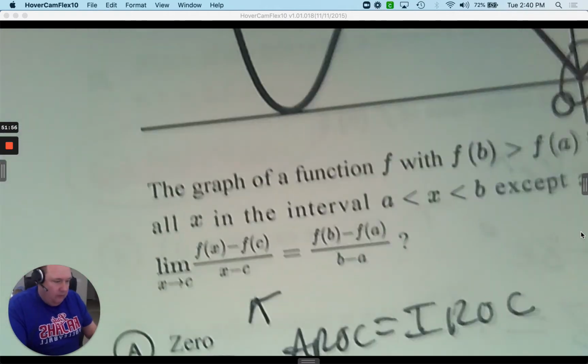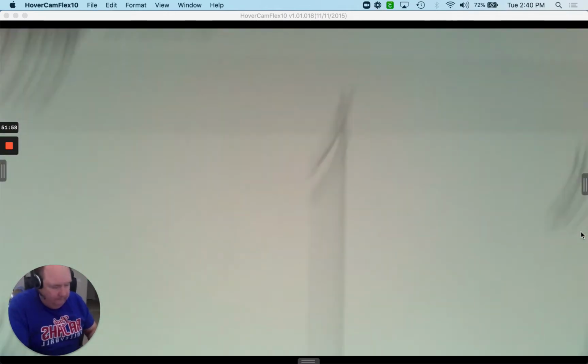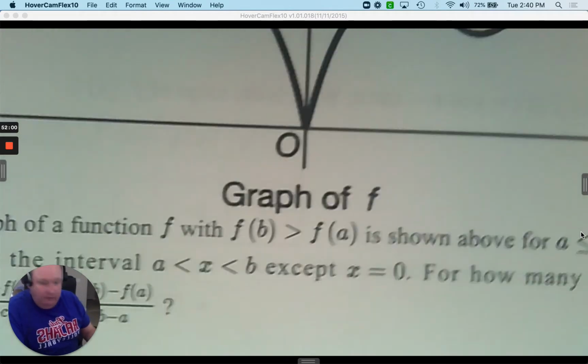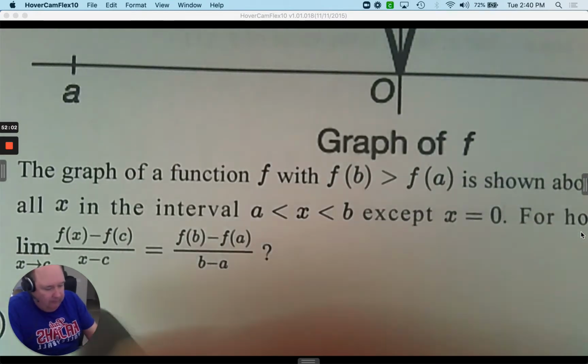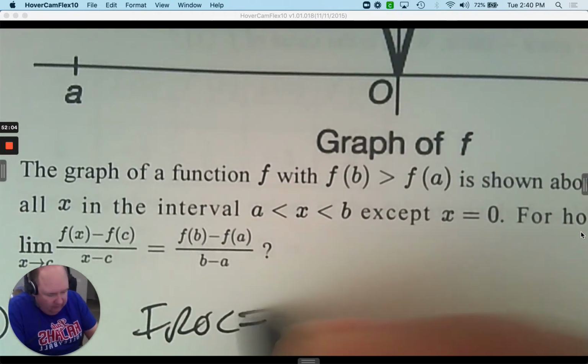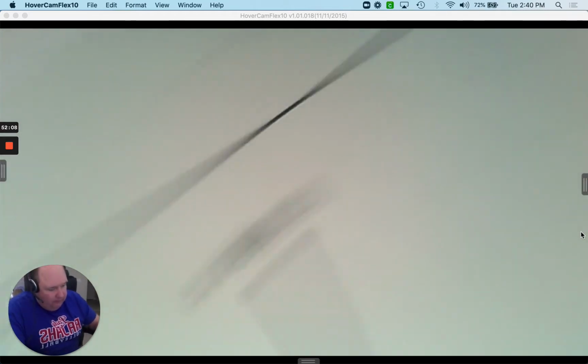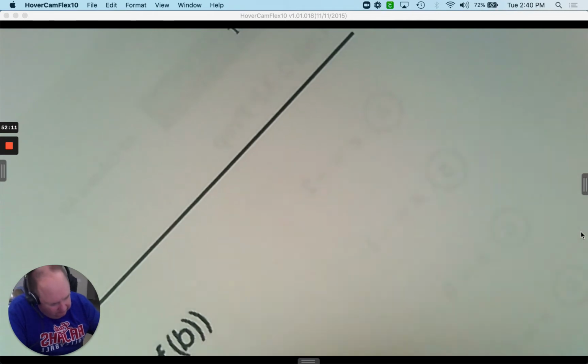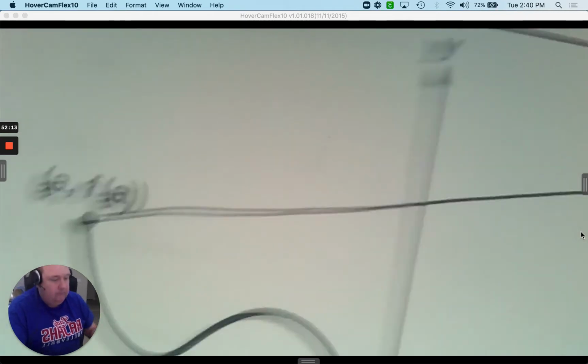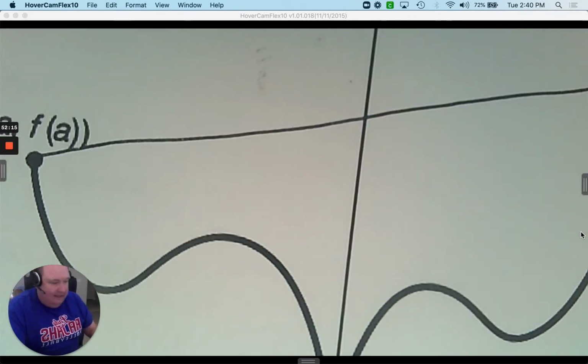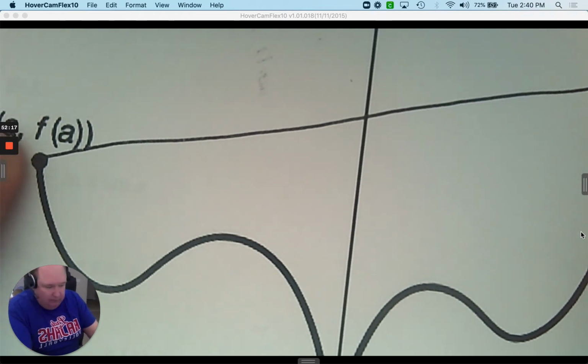Number 34. Same question. So for 34, you're given b prime equals a prime. So if you connect a to b, that's the slope we're looking for.